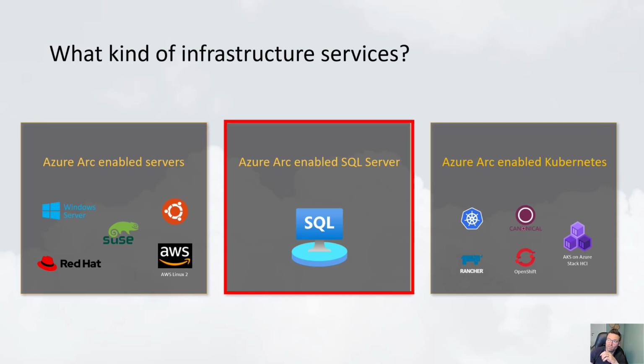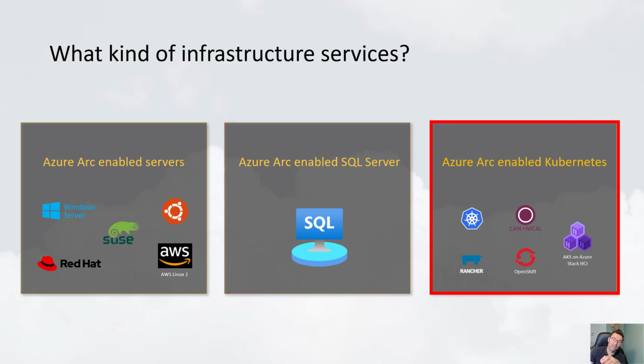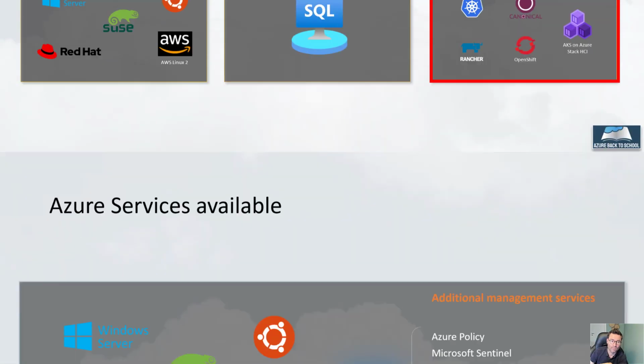Then you also have Azure Arc-enabled SQL Server, which allows you to take advantage of Azure security services next to governance and inventory benefits for all your SQL databases. And then finally, with Azure Arc-enabled Kubernetes, which is also generally available, you can use cloud-native tools to better manage your Kubernetes clusters running anywhere.